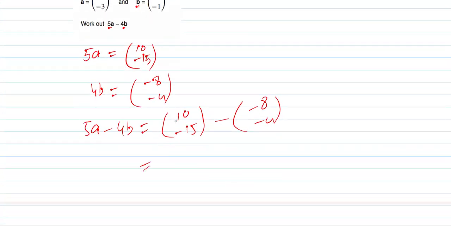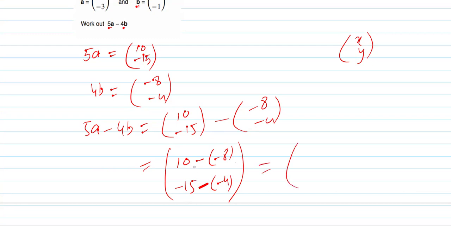So how do we do that? This component is called the x component. If I write the column vector, we call this the x component and this is called the y component. So for the x component, 10 minus (-8), and for the y component, -15 minus (-4).